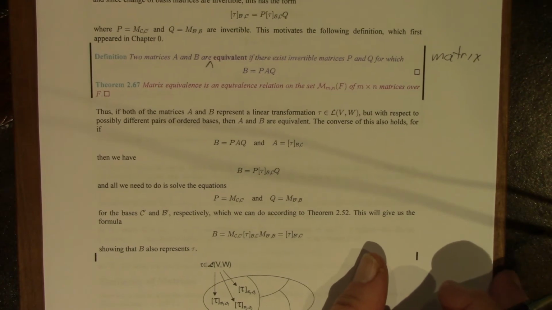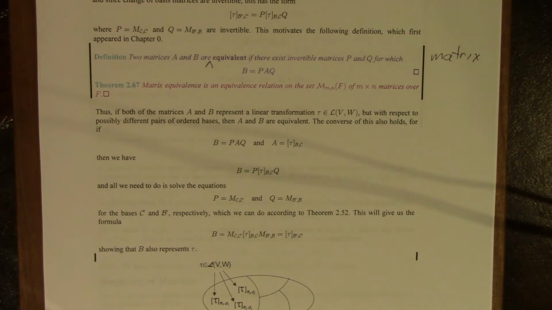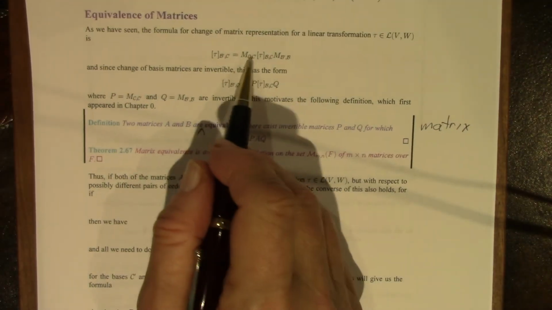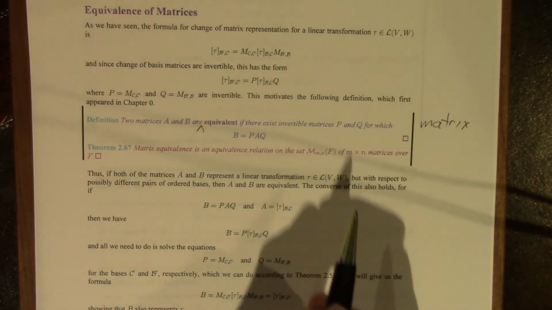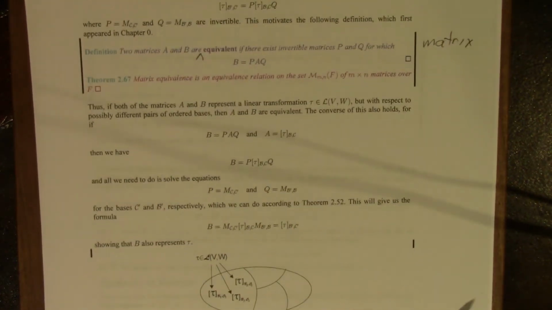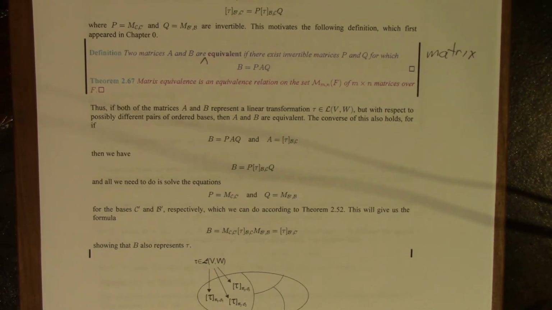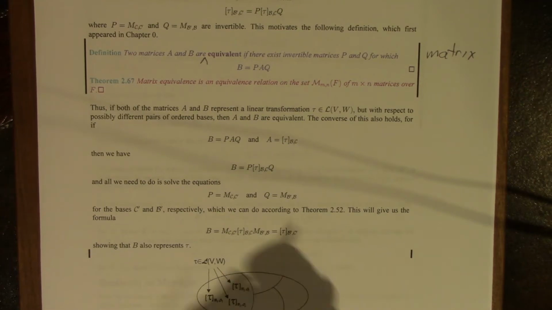So if both of the matrices A and B represent the same linear transformation tau, but with respect to possibly different ordered bases, then we have this relationship, and so the two matrix representations, A and B, are matrix equivalent. If two matrices represent the same linear transformation, then they must be equivalent. The converse is also true.